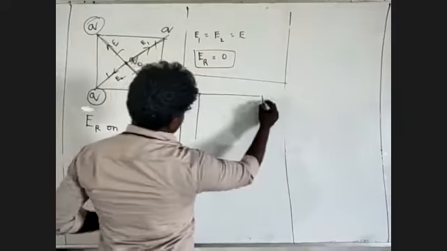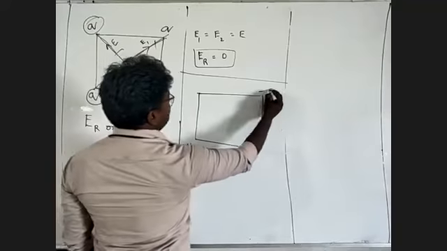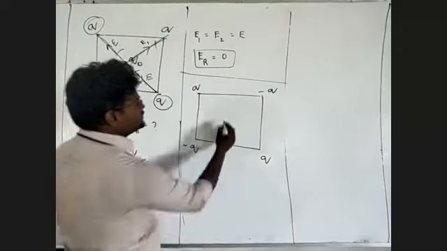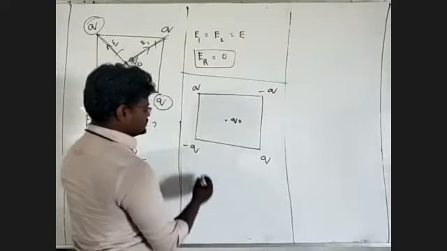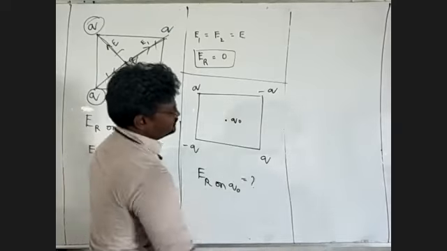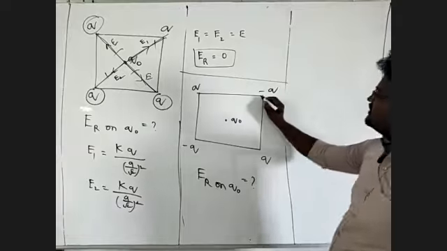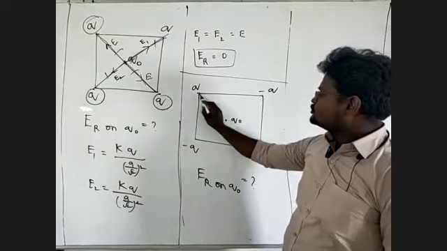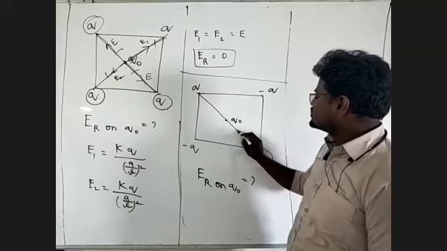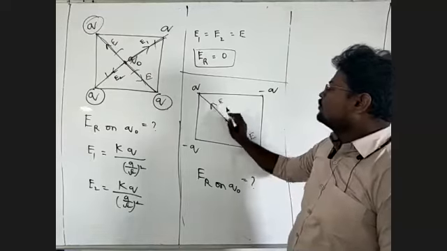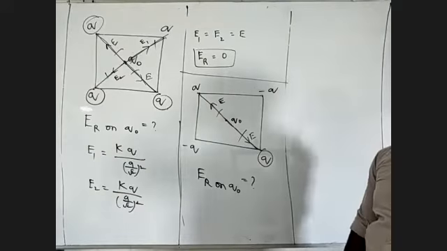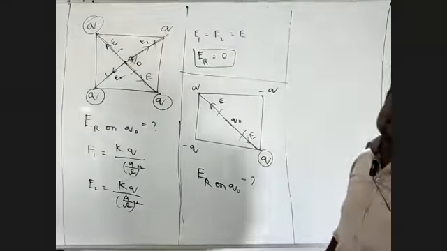Next, this is minus Q, plus Q, plus Q, and this is Q naught. So the resultant on Q naught is equal to... You will see this Q will repel in this direction, that is E. This Q also repels the charges in this direction, that is E. Both are in opposite directions, same magnitude, cancel.